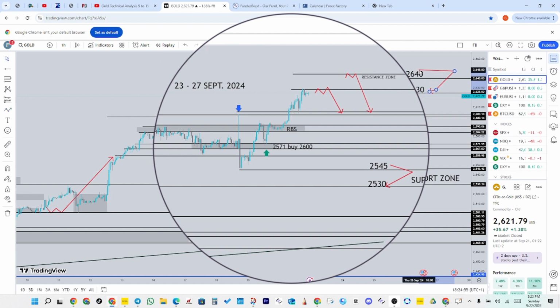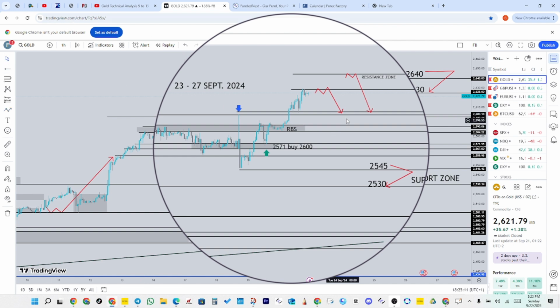So this is what we are working with, this one and this one as the resistance area.